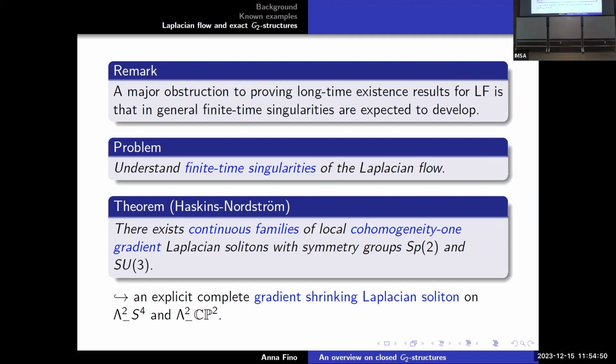Very recently, Haskins and Nordström constructed a continuous family of cohomogeneity one gradient Laplacian solitons with such symmetry, Sp(2) and Sp(2), and they construct a steady example on the space of... And it was not known a non-homogeneous one.